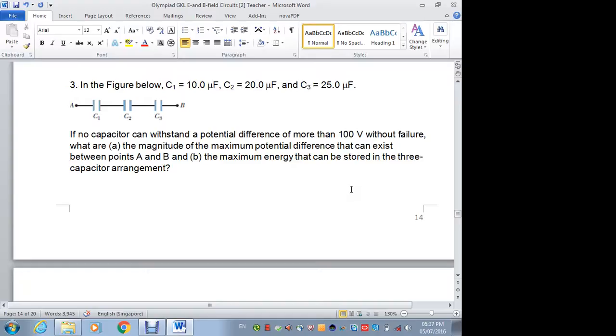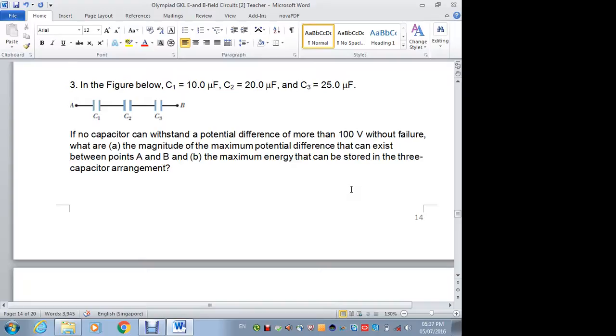But we want to make sure that no capacitor will increase to 100 volt. So we know that if this is V1 and this is V2 and this is V3, you add them up, it must equal the PD of the battery. The PD of the battery is not given.